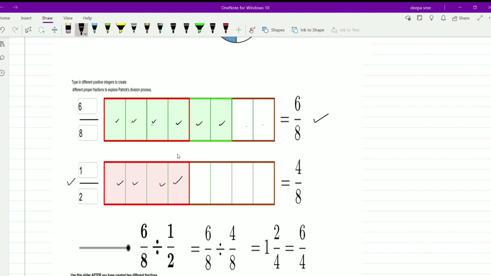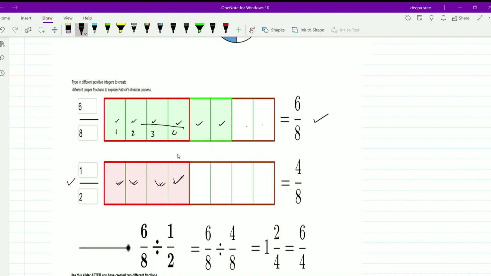So how can we represent 6 by 8 divided by 1 by 2? In this 1 by 2 fraction, the total number of parts shaded is 4. We should go through how many times these 4 parts will fill in the shaded part of the first figure. So 1 part, 2 parts, 3 parts, 4 parts.